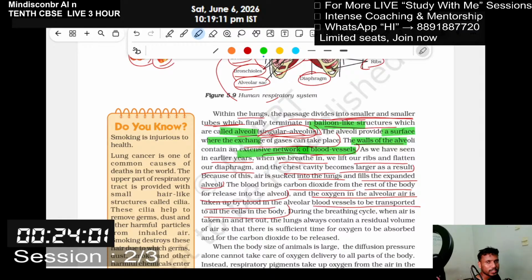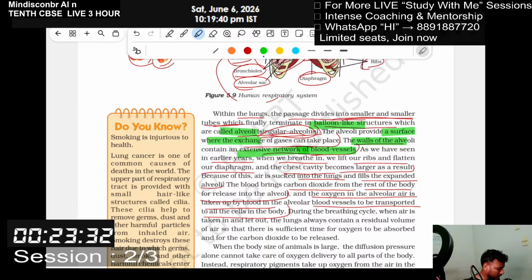A large number of blood vessels are present in the alveolar surface. So, the main three characteristics of the alveolar wall are: it is thin, it has large surface area. You can assume that if it is thin, exchange of gases easily occurs. If it is thick, exchange will be difficult, and it needs large surface area for a large amount of exchange, and it also contains a large amount of blood vessels.